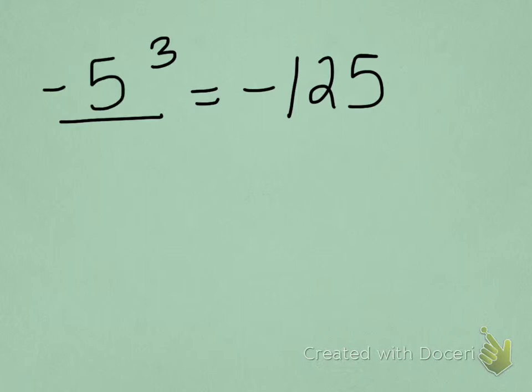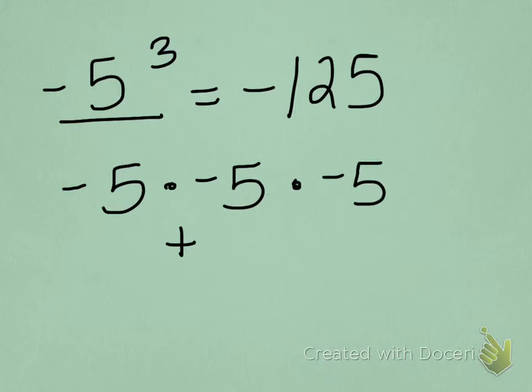It only has one root, because if we did negative 5 times negative 5, you get a positive. When you multiply it by another negative 5 for that cube, or that 3rd time, you're back to a negative. You're not going to have time to get back to a positive. Therefore, the only cube root of negative 125 is negative 5.